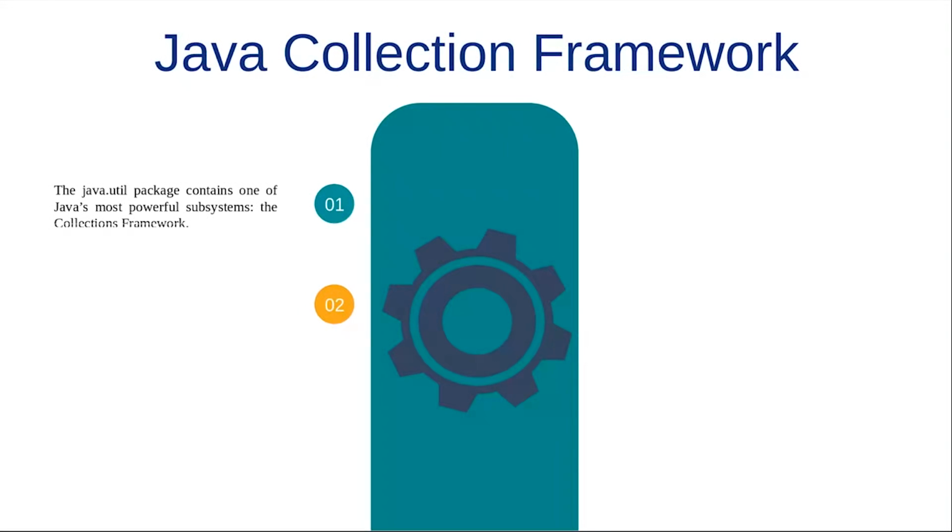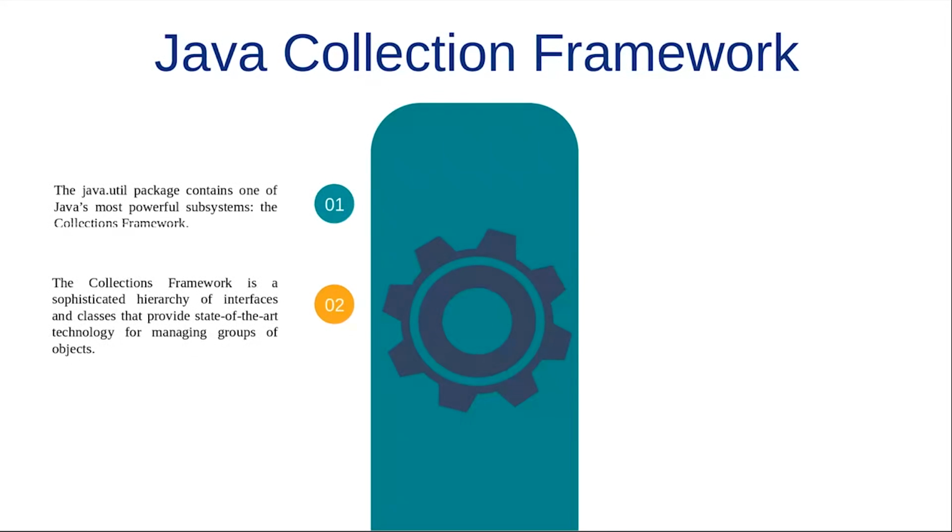So, the Java collection framework. The java.util package contains one of Java's most powerful subsystems, the collections framework. The collections framework comes inside the java.util package, and it is one of Java's most powerful subsystems. Now, the collection framework is a sophisticated hierarchy of interfaces and classes.